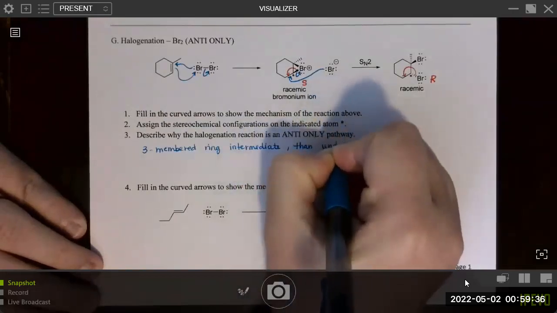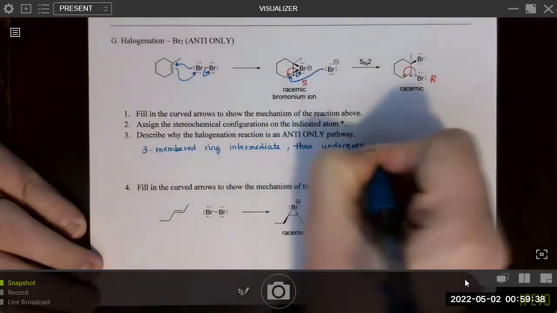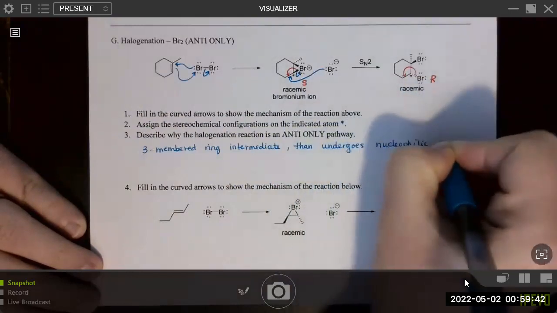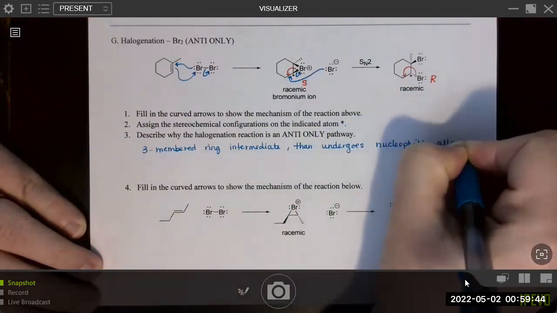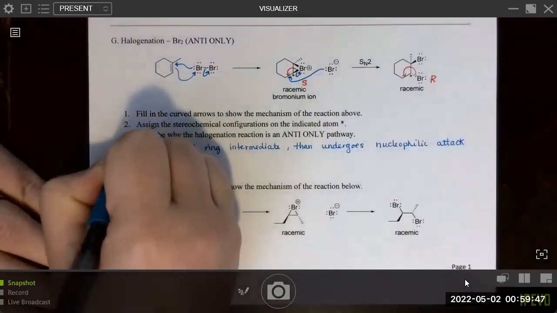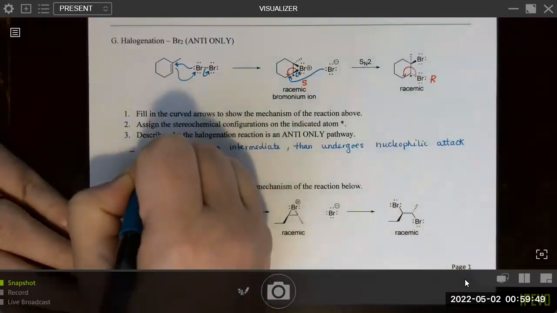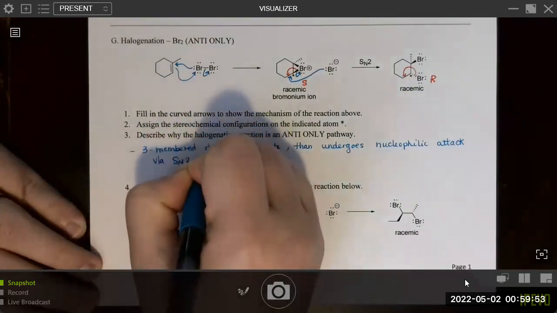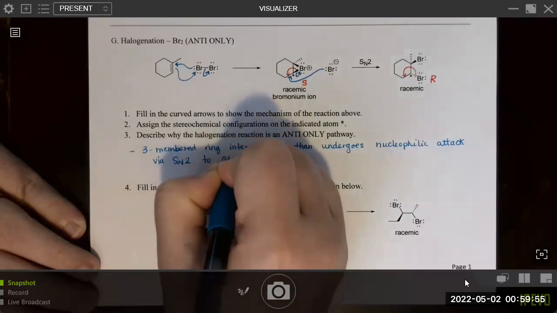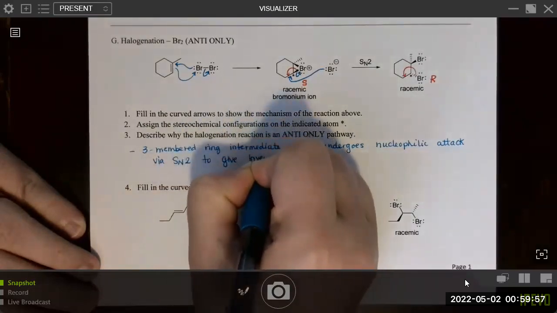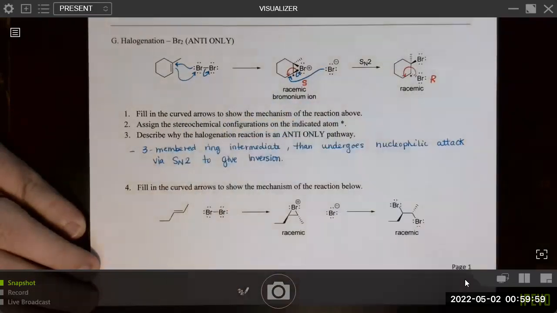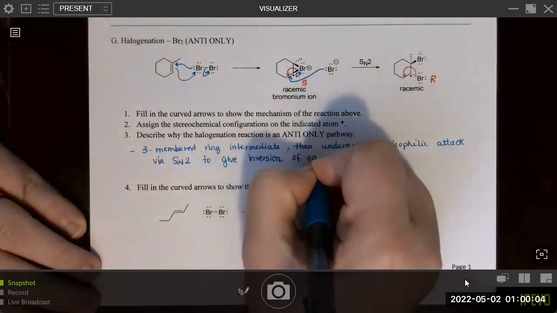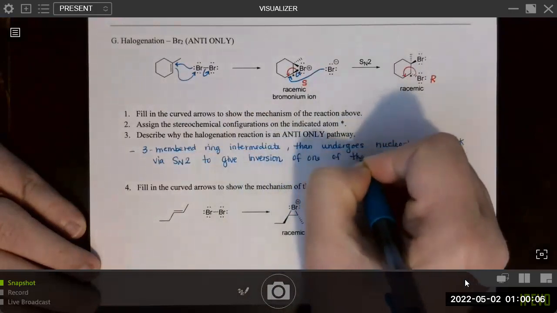That undergoes nucleophilic attack via SN2 to give inversion. Right? And I guess we'll say to give inversion of one of the chiral centers.